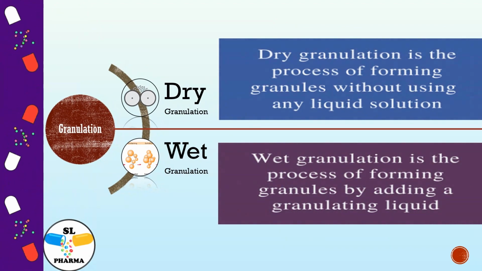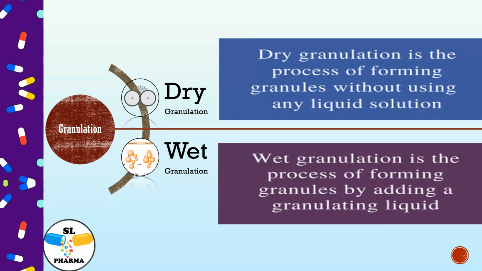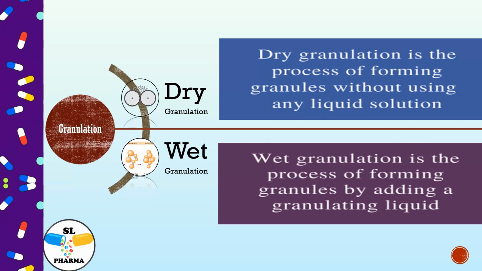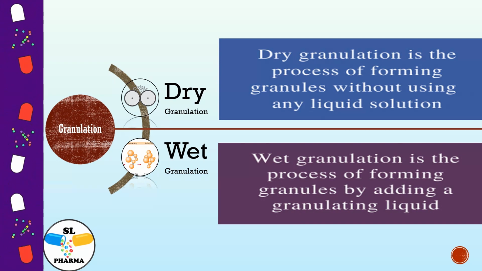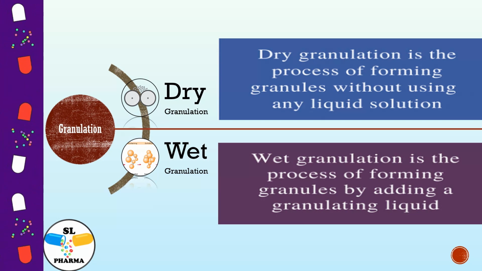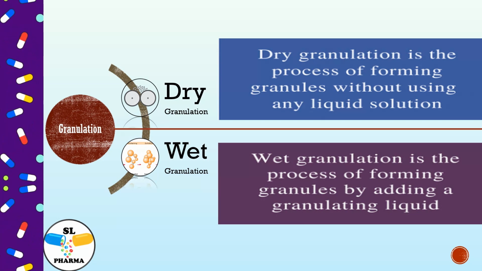Then we will see what are the main differences between dry granulation and wet granulation. Dry granulation is the process of forming granules without using any liquid solution, and wet granulation is the process of forming granules by adding a granulating liquid.